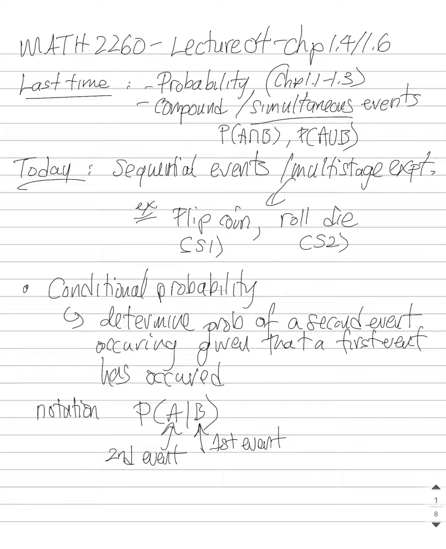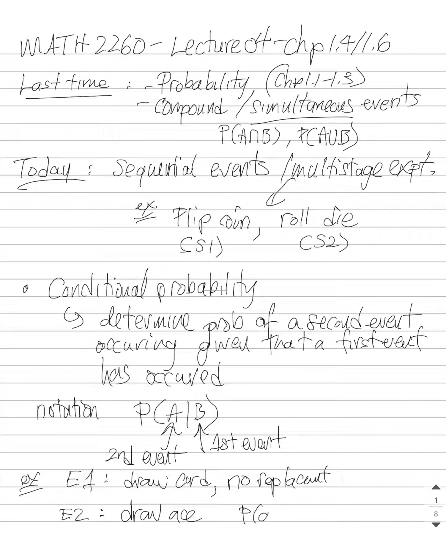The point is that the probability of the second event could change based on what happens in the first event. For example, say event 1 is drawing a card from a deck with no replacement, and then event 2 is drawing an ace.